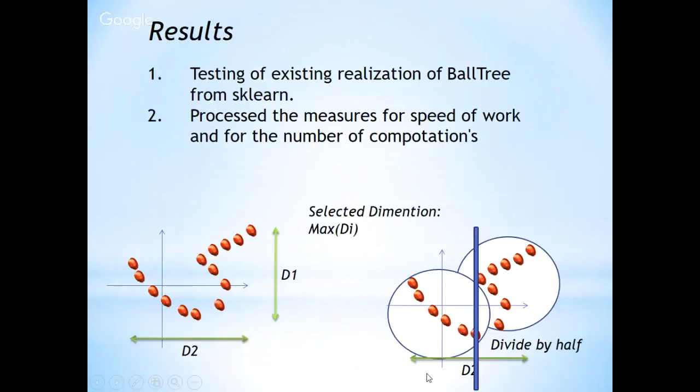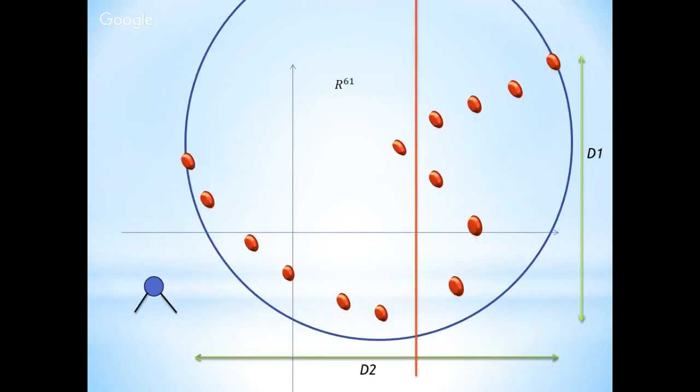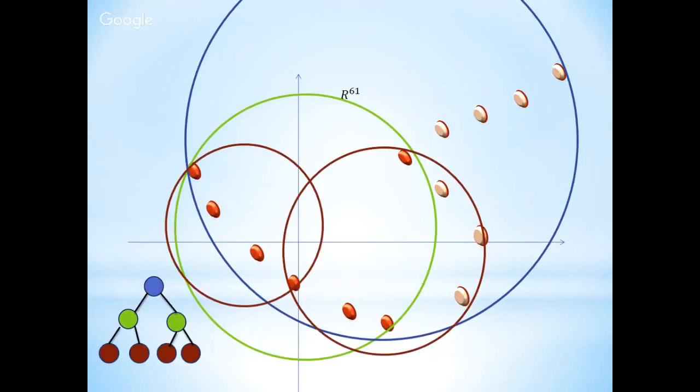We choose this dimension and we split it just in the middle, and we build two new circles. That's how it works in real life. So it's not as efficient as I wrote before, that I did it by hand, but it works, and we are still discussing which algorithm to choose to split into the hierarchical structure.